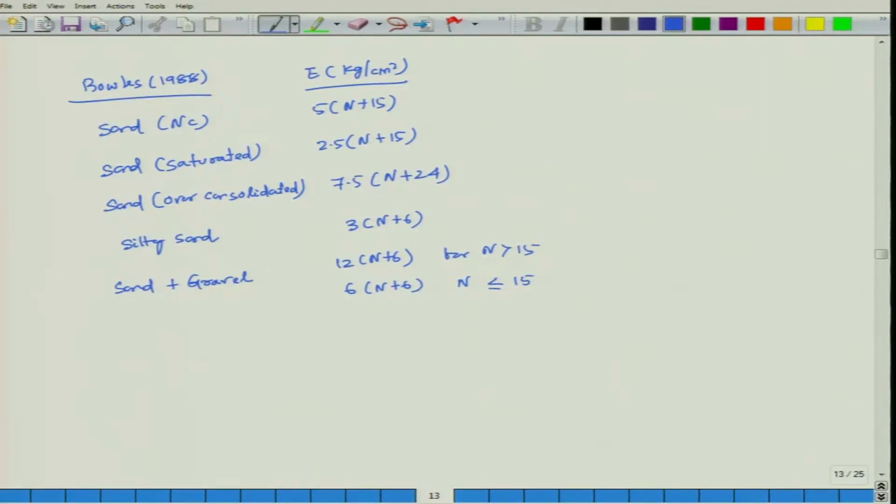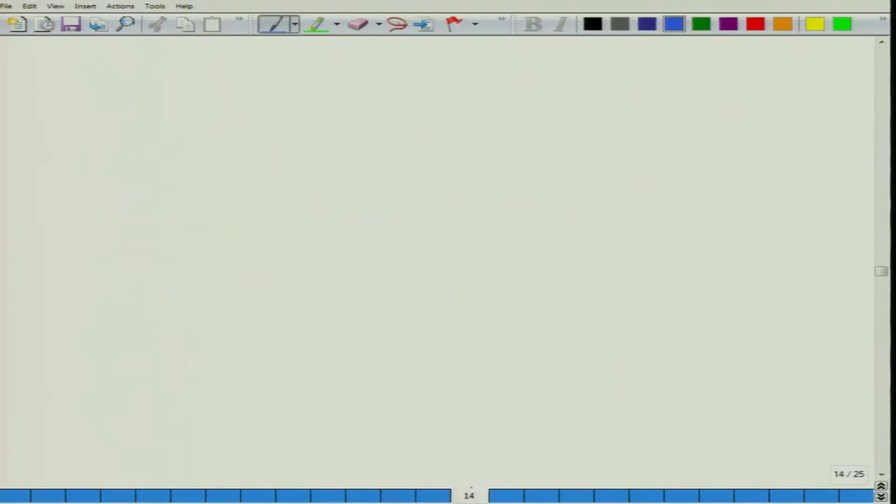Another relationship has been given by Schmertmann and Hartman in 1978.